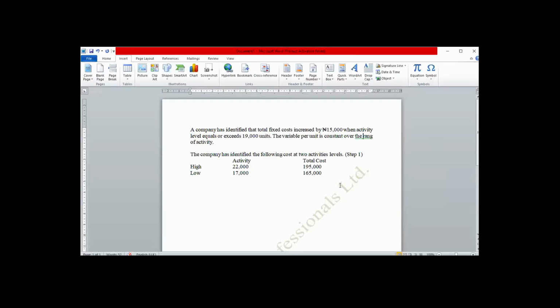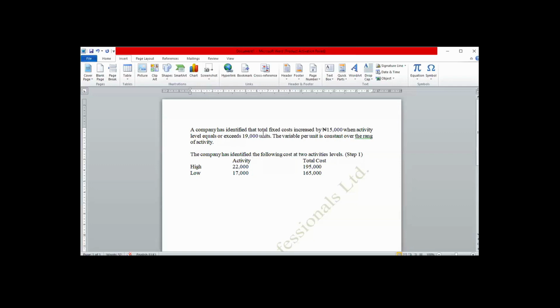This type of question in an exam, they are not going to bring it like this, because this one is just an example, basically. So when you are given something like this, what are you supposed to do? You will study the question.